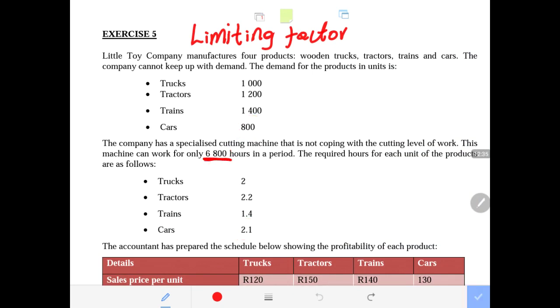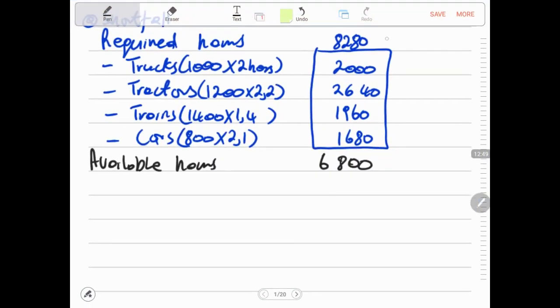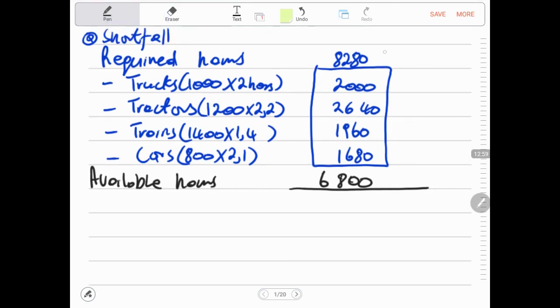These are the hours that are available, meaning we can't use more than 6,800 machine hours currently with the current capacity or the available machine. So now we are comparing the required hours with the available hours. And by doing so, we will be able to determine if there is any shortfall. We can see that what is required is more than what is available.